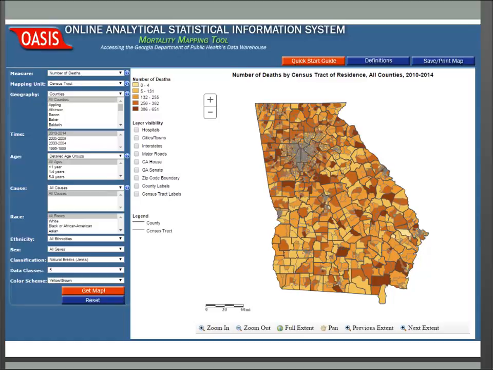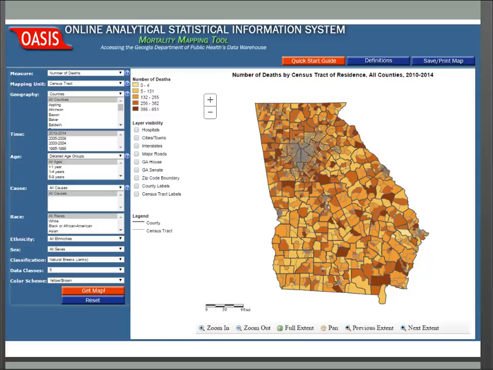So the problem with that is you're going to see darker areas, say in the metropolitan Atlanta area. What it's basically saying is, yes, there are a large number of deaths here, but that could also very well be because there's just a lot of people living there.